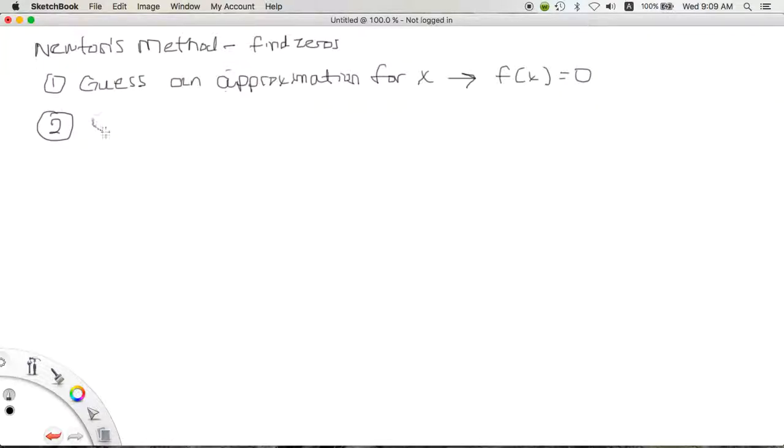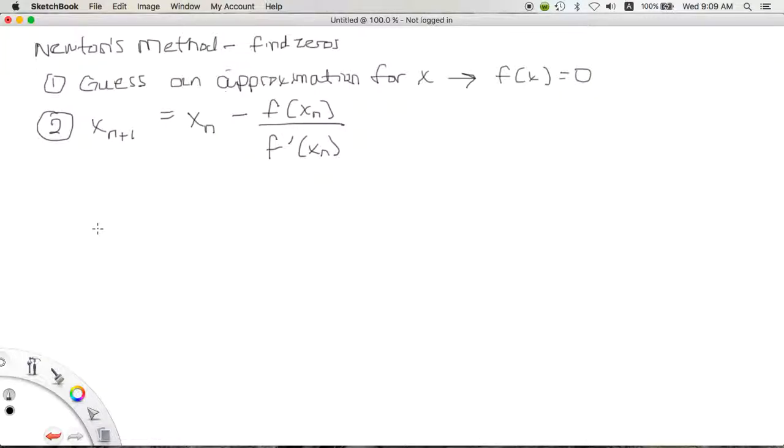Okay, so each x guess is the guess before it minus the function value at that original guess over the function's derivative at that original guess. So this is kind of the method that your calculator uses as its program to find it.